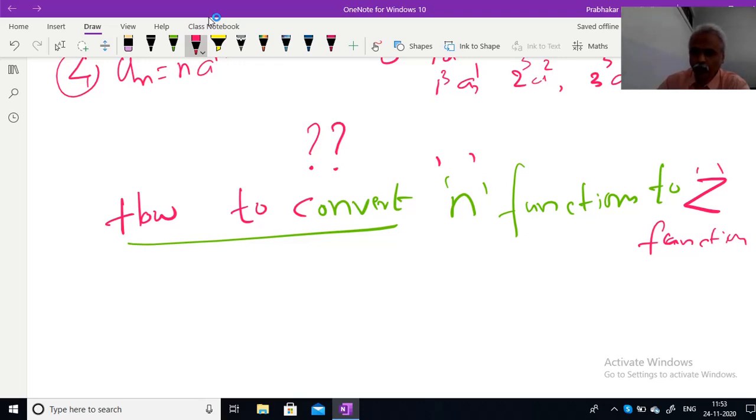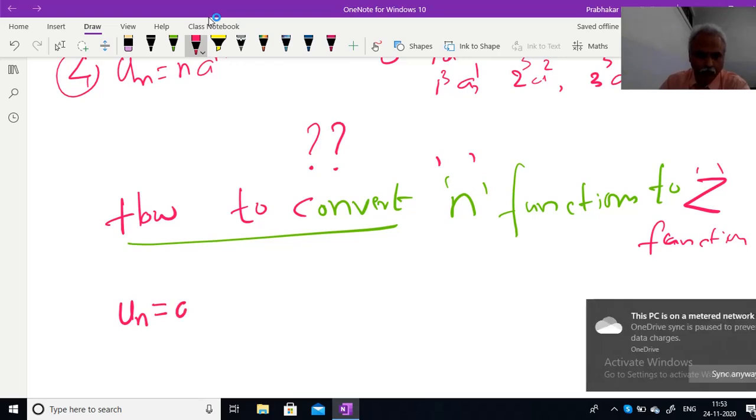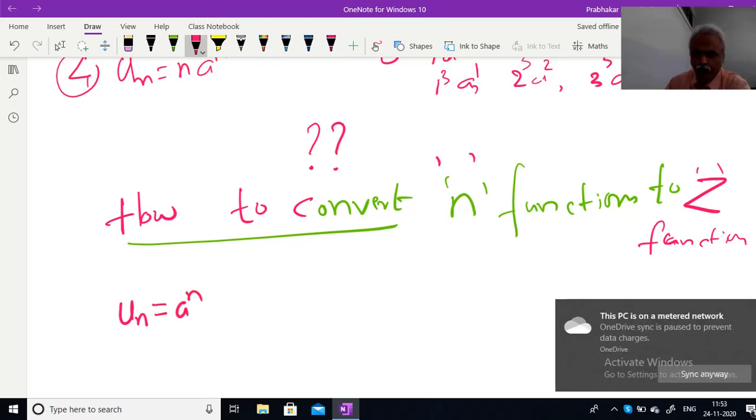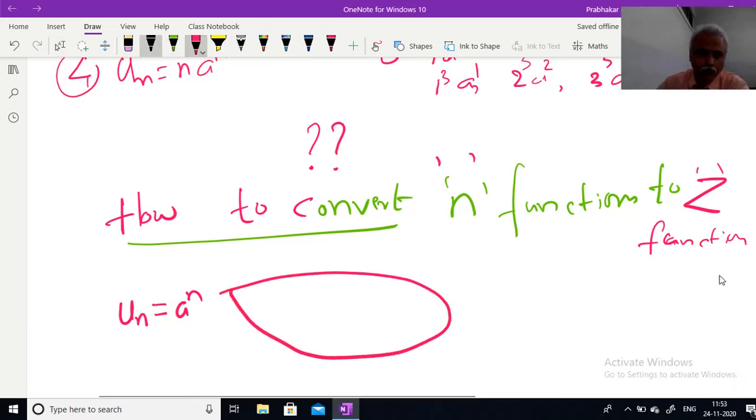So now suppose we have some un, say un equal to a raised to n. Now what we do here: two operations.